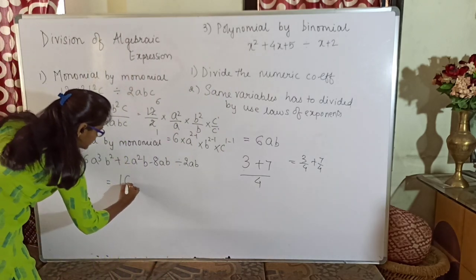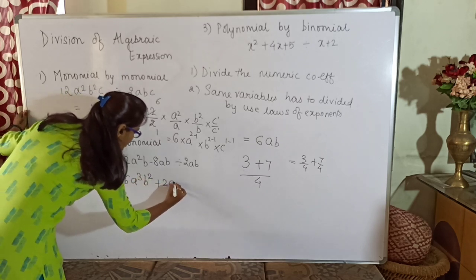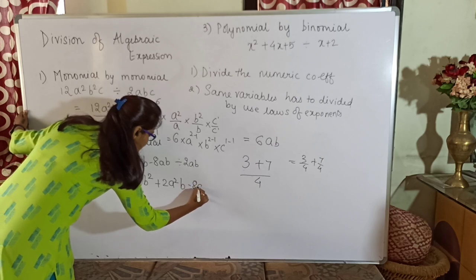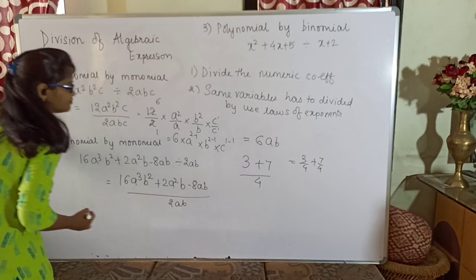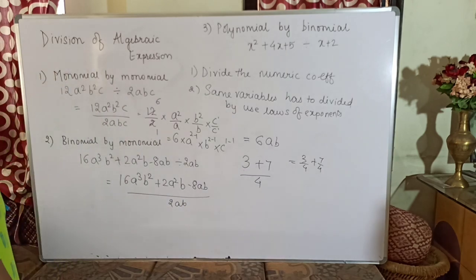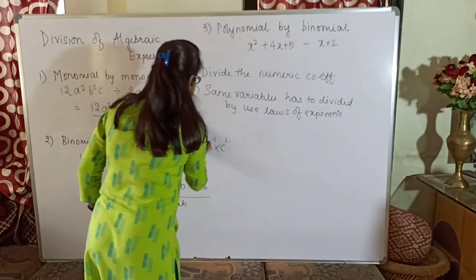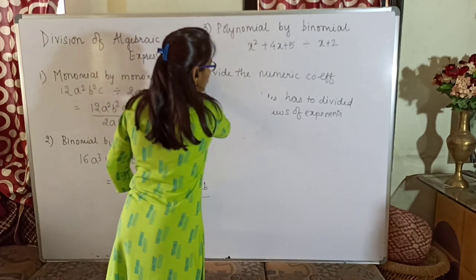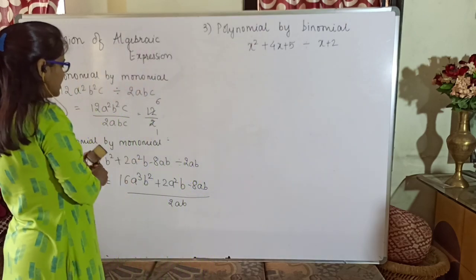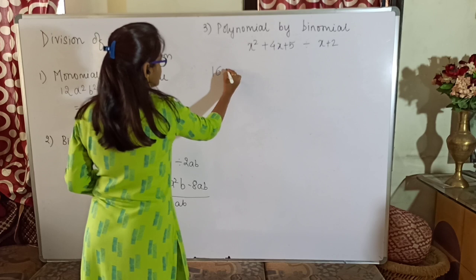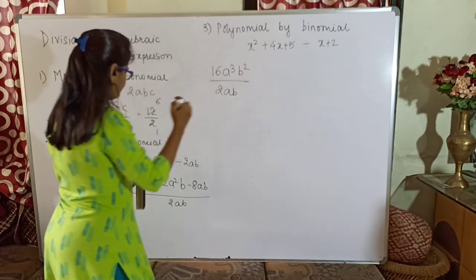Let me write down this: 16 a cube b square plus 2 a square b minus 8 ab whole divided by 2ab. Now since the denominator is common, I will write down the denominators separately for each term. So let us write 16 a cube b square divided by 2ab.